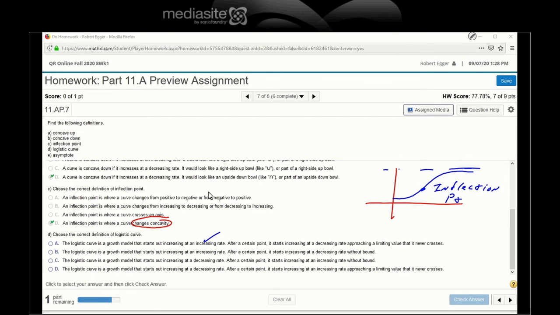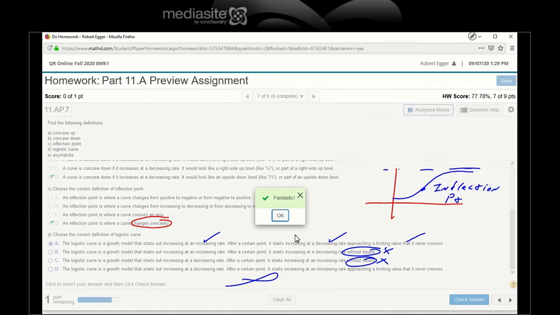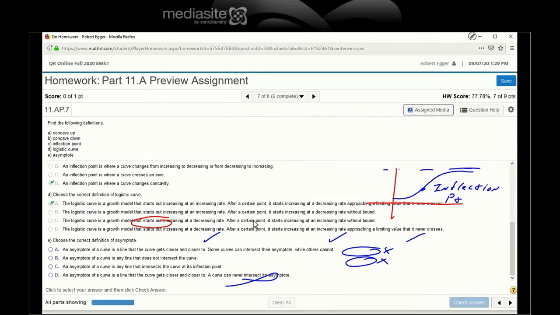At a certain point, it starts increasing at a decreasing rate, approaching a limit value that it never crosses. Logistic curve starts out increasing at an increasing rate, at a certain point starts increasing without bound. Can't be. Again, without bound is an exponential. This curve is a growth model, starts increasing at, okay, these are backwards. It's got to be A. Very good.